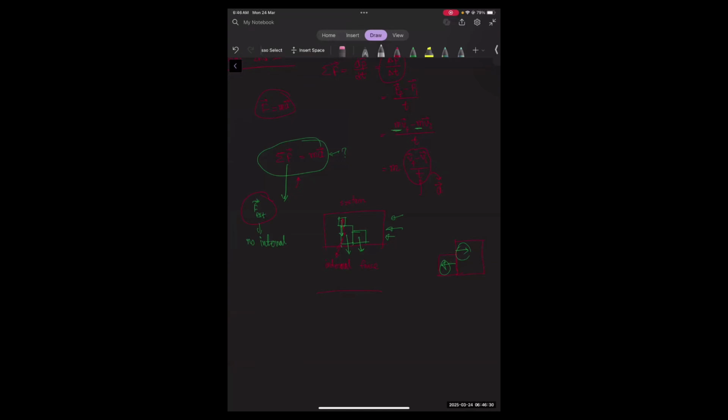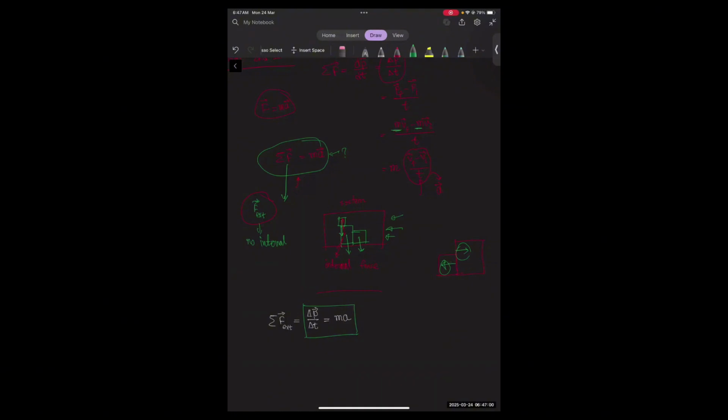this Newton's second law, we'll write it as the sum of all the external forces of a system is equal to, the general statement is, change of momentum divided by change in time. In most cases, you can write this as m times a. All right, so another question that we didn't address: are these two equivalent?